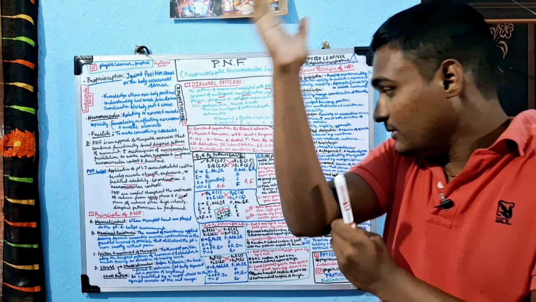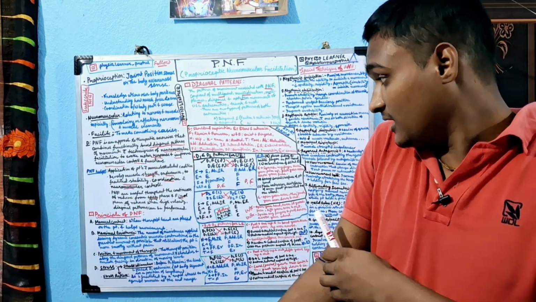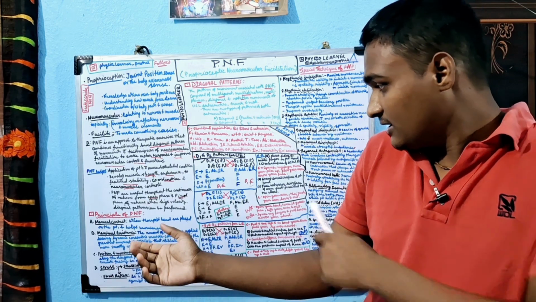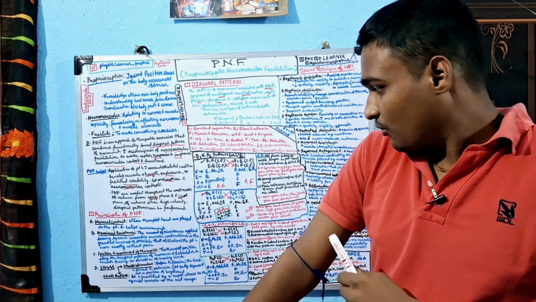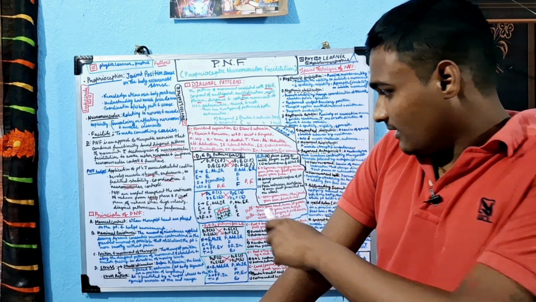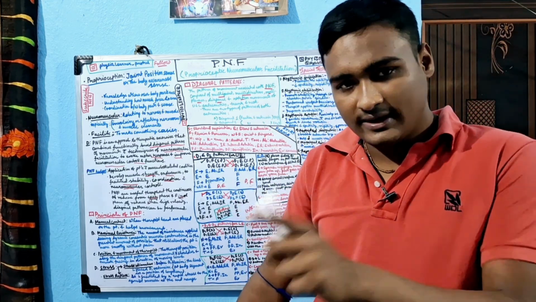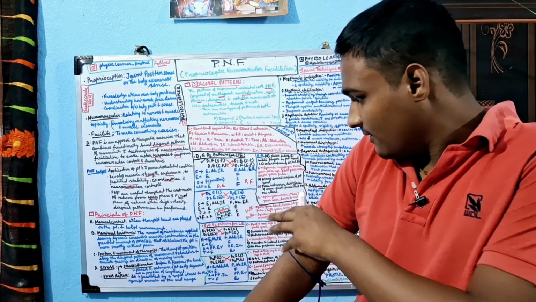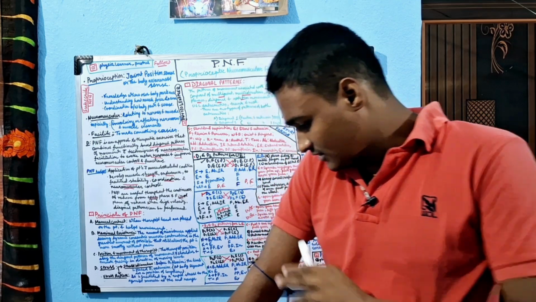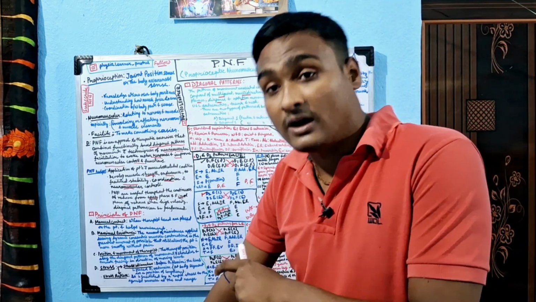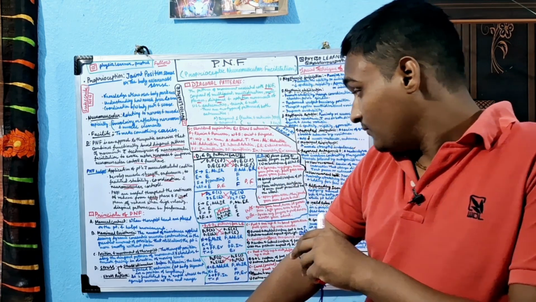The shoulder should be in extension, abduction, internal rotation; elbow extension, forearm pronation; wrist and fingers extension. Then D1 flexion is performed.